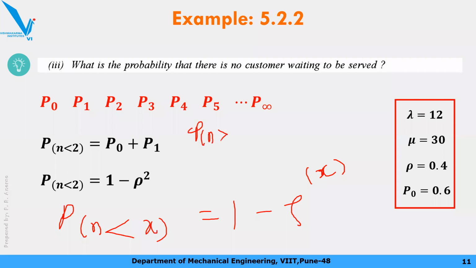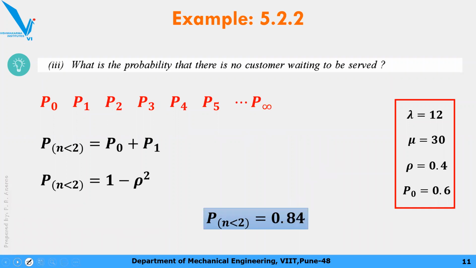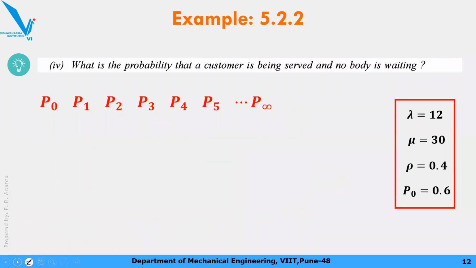Probability of having n customers greater than x was rho raised to x plus 1. So this way you can calculate it. So 0.84.